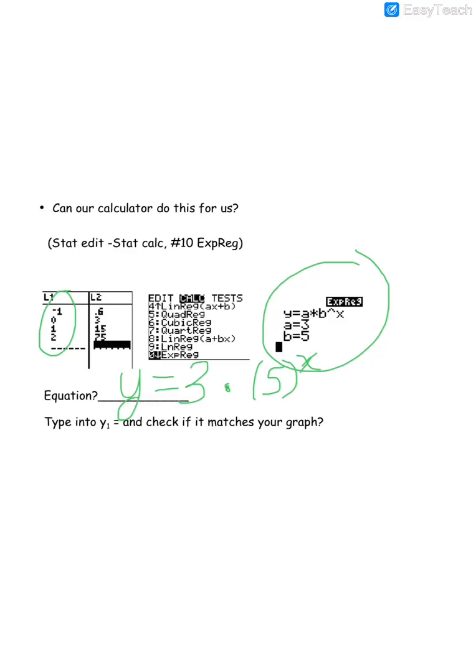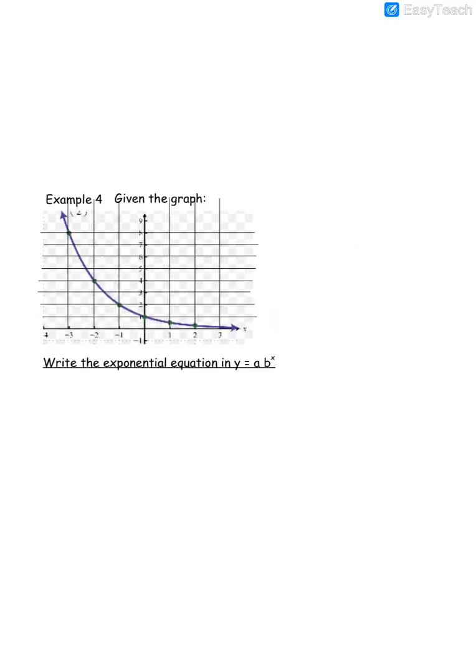Okay, so let's take a look at example number 4. For example number 4, they're giving me a graph. So I need to find some points on here. There are some very specific points on here, and we can make a list. So let's find them. So I see -3, 8.